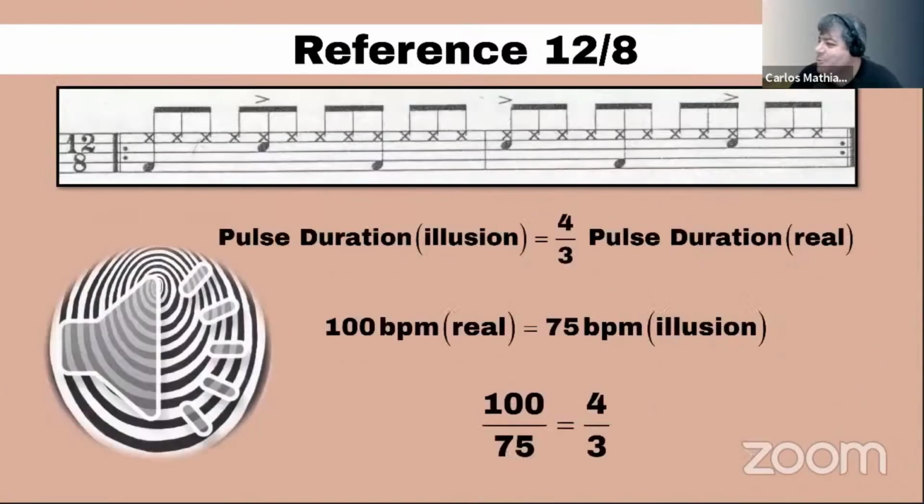So now we are ready to take on the really hard and impressive rhythmic illusion. This is what I'm going to do now. If you take a quick look here, please notice that I am playing all of the notes on the hi-hat. I'm playing all 12 notes on the hi-hat, all of them.